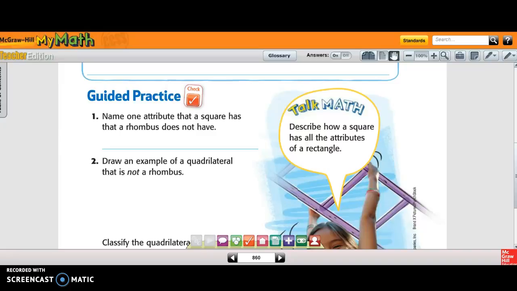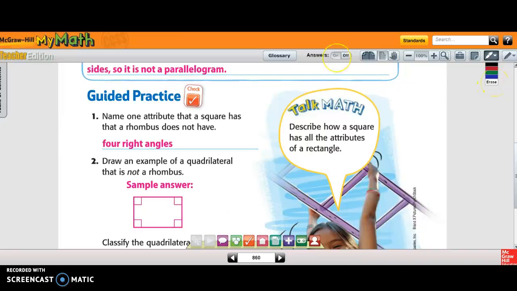Well, if I draw a square, or if I draw a rectangle, those are examples. Yep, a rectangle. And you're right, somebody just said a rhombus does not have four right angles, so four right angles would be it.